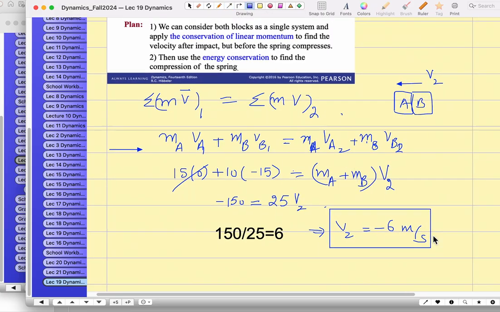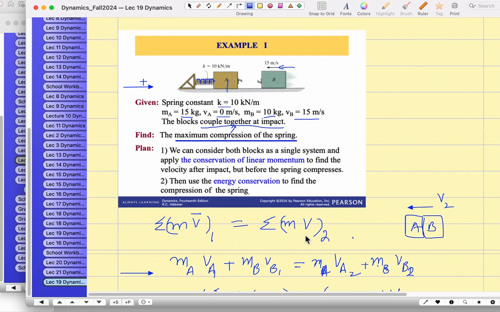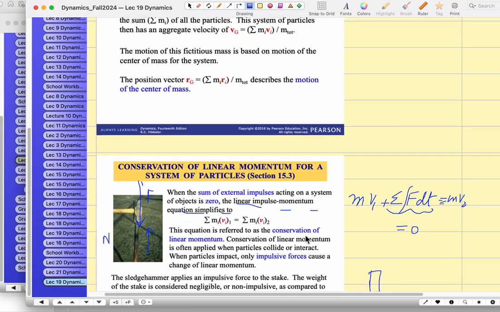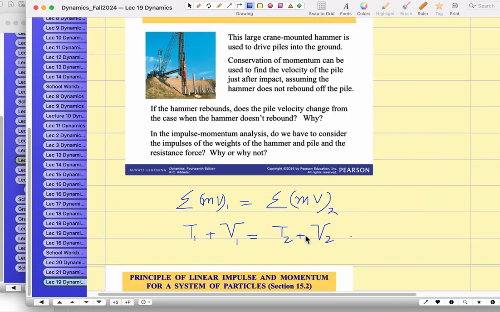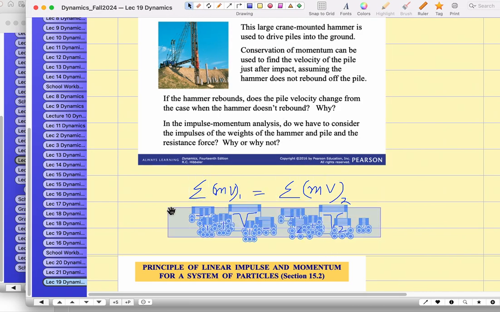So the only question which they have asked is, what is the maximum compression of the spring? Now the maximum compression can be found by applying the energy conservation principle. Let me show you the energy conservation principle. So this is where the energy is conserved.